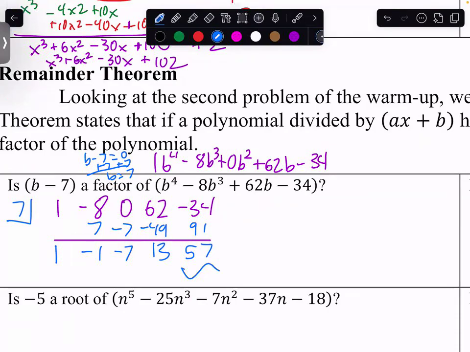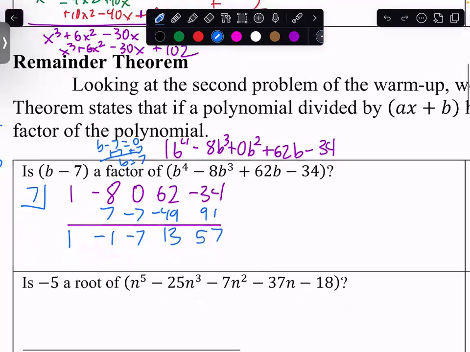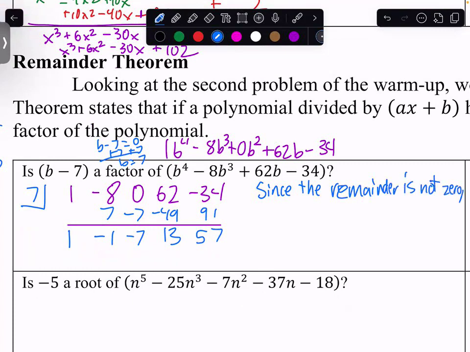The remainder is not 0. Okay, so that means that the thing we divided by did not divide evenly. Okay, so since the remainder is not 0, b minus 7 is not a factor.